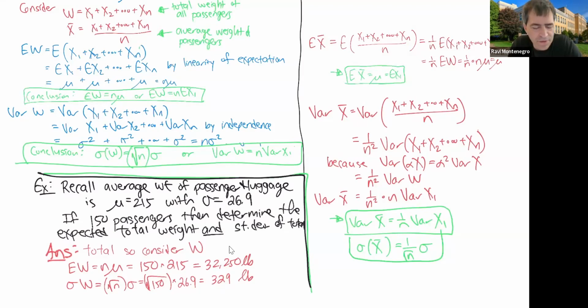So that tells you that even though individuals' weights may vary significantly, in this case by about 12%, when you look at a large group of people, then the total weight does not vary much at all. Here, the standard deviation, again, was only 1% of the total.